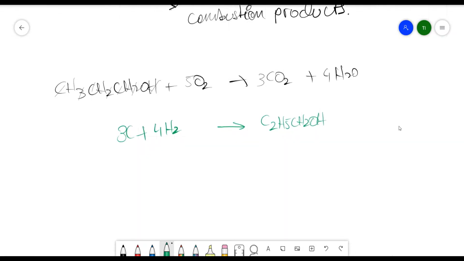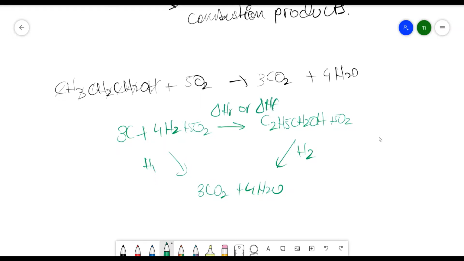And when you combust this with 5 O2, it gives you the same product, 3CO2 plus 4H2O, right? And this is the cycle form. There's H2, H1, and delta HR or delta HF. So from this reaction you can find out delta HF, and you can also find out whatever else you could find out, right?